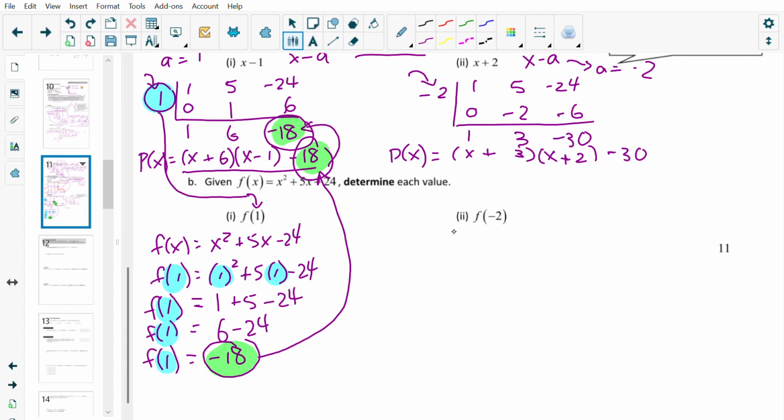Let's see what happens with the other example. f of x equals x squared plus 5x minus 24. f of negative 2. So that's our negative 2, the divisor. Let's evaluate.